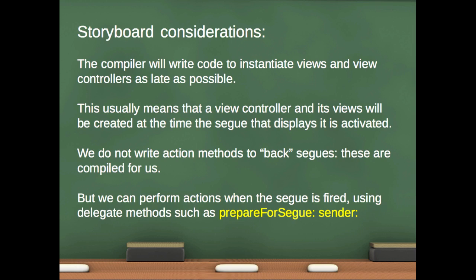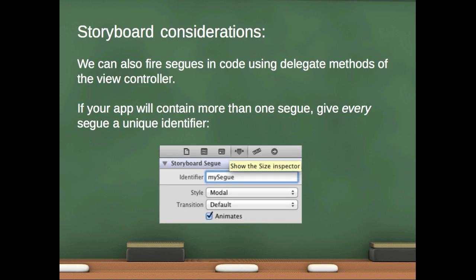The argument segue is actually the storyboard segue, and sender is the control that fires the segue, usually a button or a bar button item or something like that. We can also make a segue fire in code. A storyboard view controller has methods that allow us to prepare for segues and also to execute segues when we want to do that.